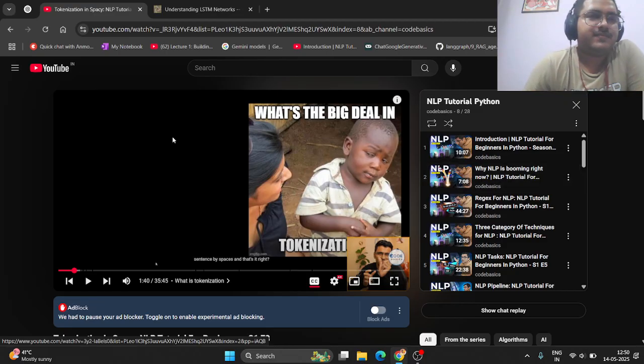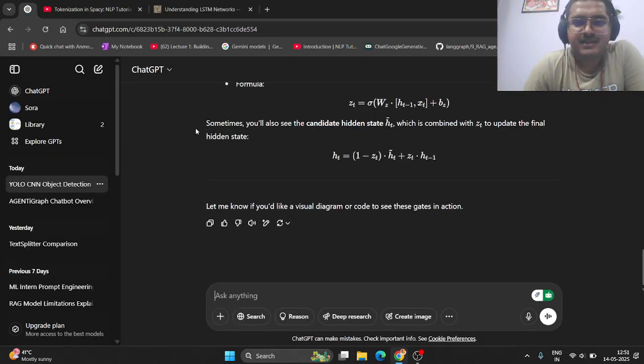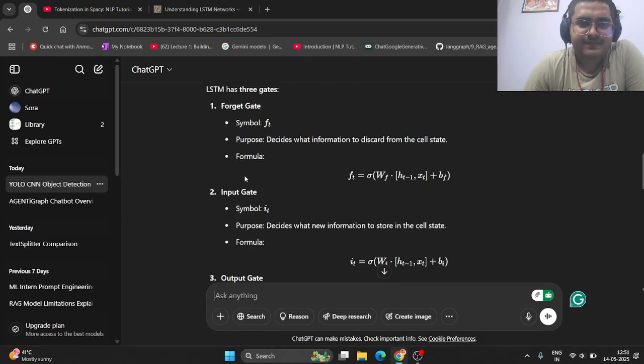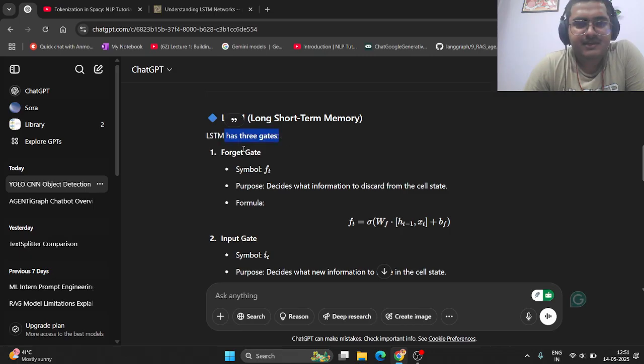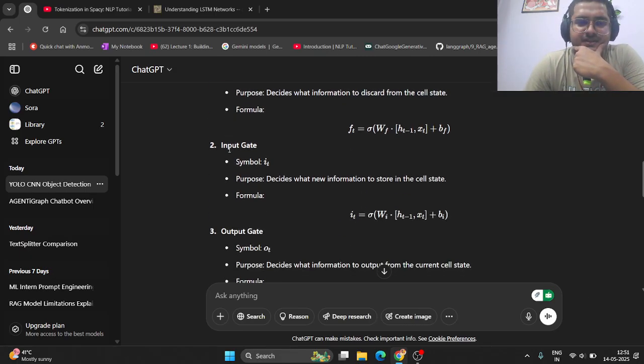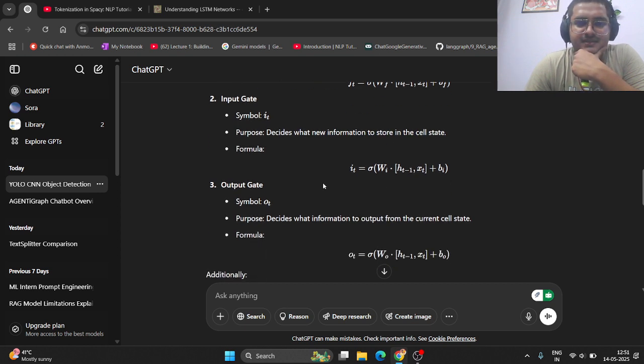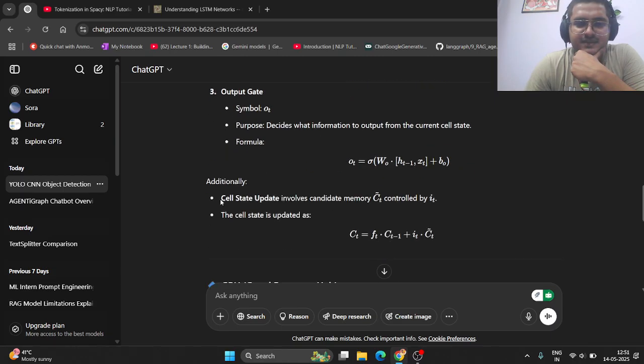It contains a reset and update gate. I actually searched on ChatGPT. The three gates: forget decides what information to discard, input decides what to store in the cell state, and output decides what information to output from the current cell state. Okay, this is the cell state to update.